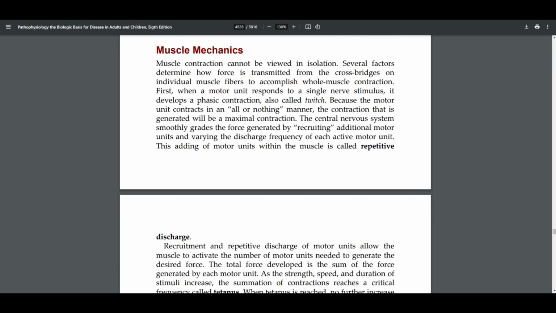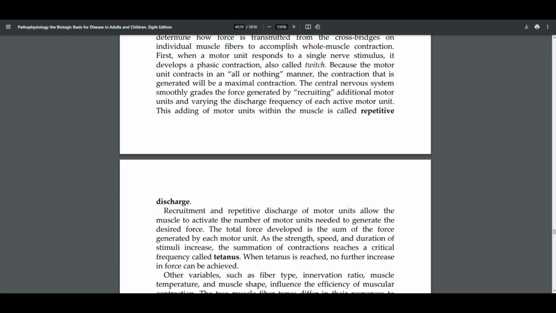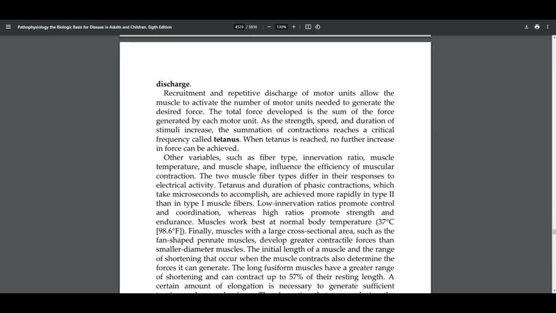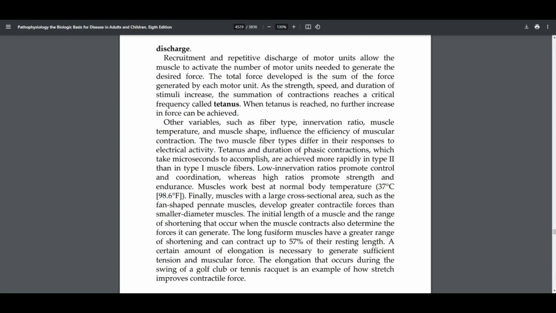This adding of motor units within the muscle is called recruitment, and the varying of discharge frequency is called repetitive discharge. Recruitment and repetitive discharge of motor units allow the muscle to activate the number of motor units needed to generate the desired force.